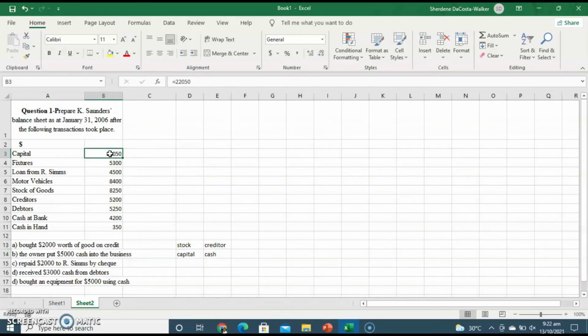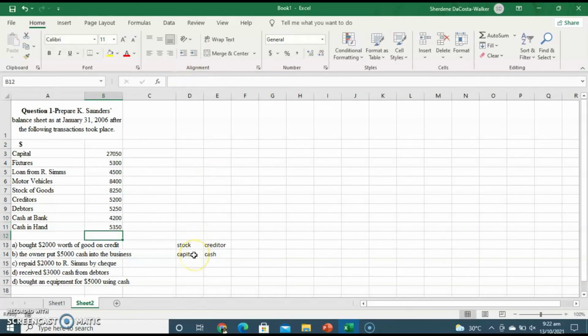Therefore, the capital is going to increase. And then what did he put it in? Cash. Therefore, our cash in hand is going to also increase because the business is getting more cash. So we're going to add 5,000 to that.